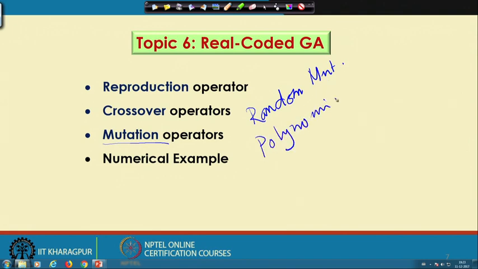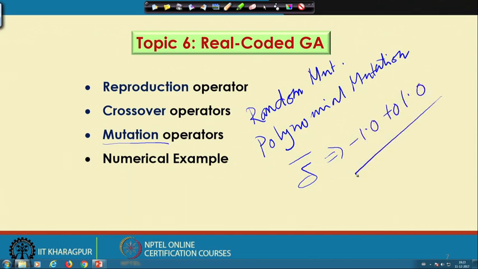Here in polynomial mutation, once again we take the help of one mathematical expression of this polynomial just to indicate what should be the perturbation factor, that is delta bar. This perturbation factor is going to vary from -1 to +1, and we try to find a numerical value lying in this range. The perturbation factor is nothing but the dissimilarity factor.